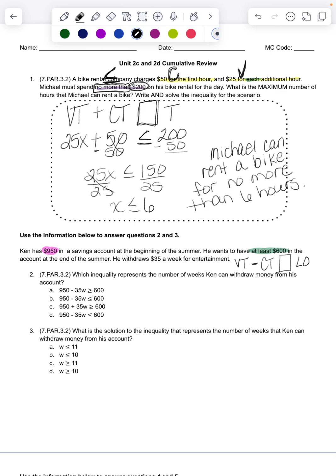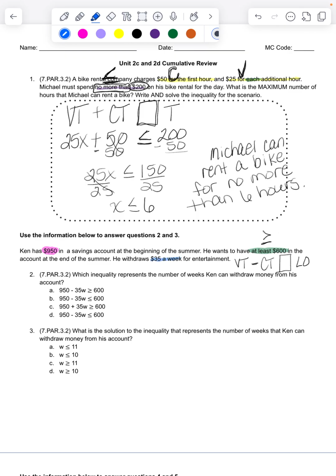$600 or more. So the amount that he has left over needs to be greater than or equal to $600. He withdraws $35 a week for entertainment.